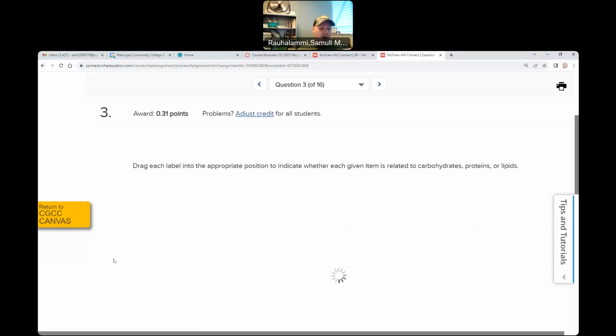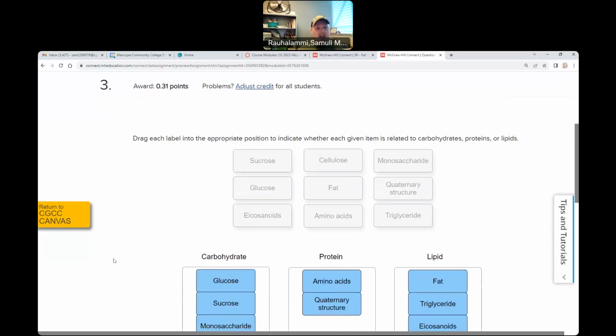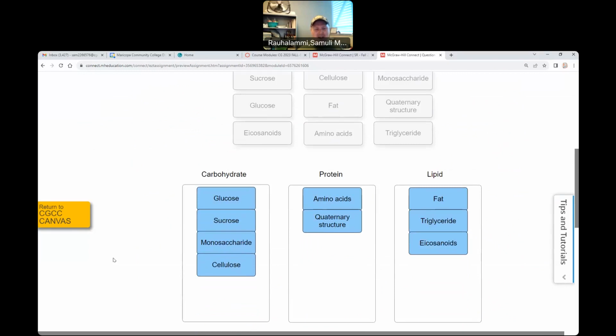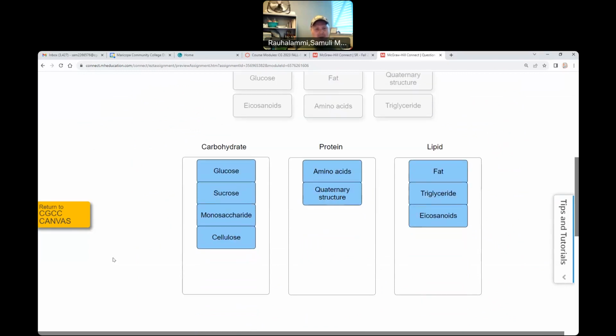Moving forward on our quiz, we're again being asked to drag and drop the terms to the correct categories. So here we're seeing some of the macromolecules that we discussed. For the carbohydrates, examples could include glucose, sucrose, monosaccharides, and cellulose.